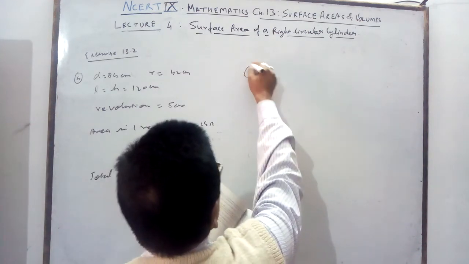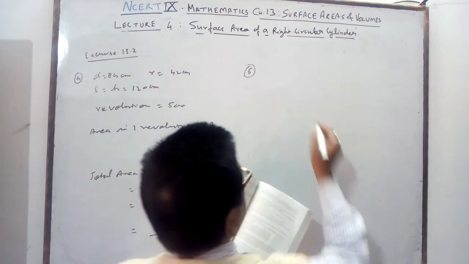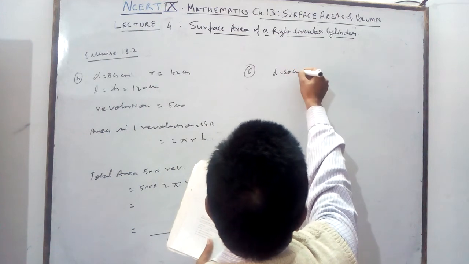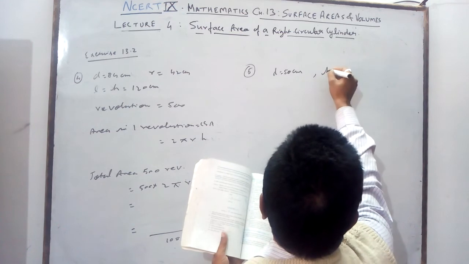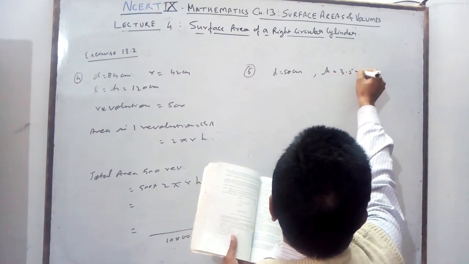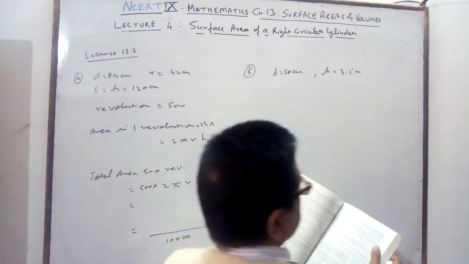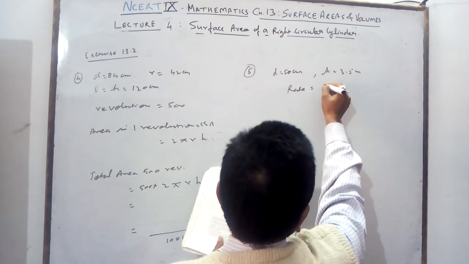Question number 5. A cylindrical pillar is 50 centimeter in diameter and 3.5 meter in height. Find the cost of painting the curved surface area of the pillar. Rate is given. How much?